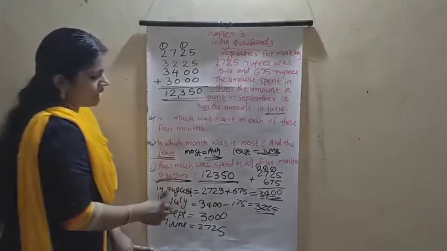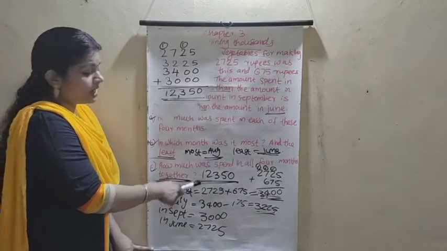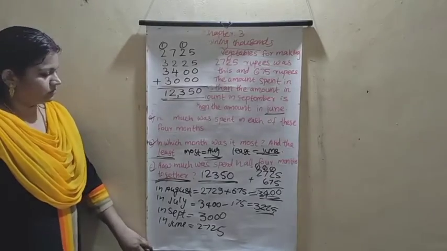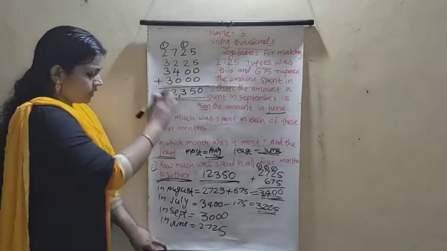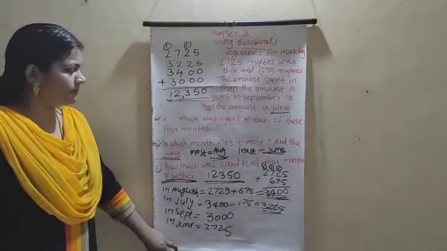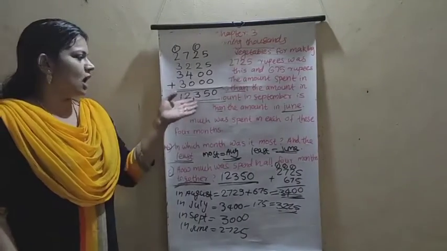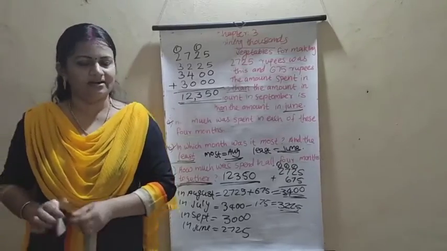Now, to read it, it's a 5-digit number. Understood? I hope you all understood this problem. Okay, children, first of all you study how to read the 5-digit number.